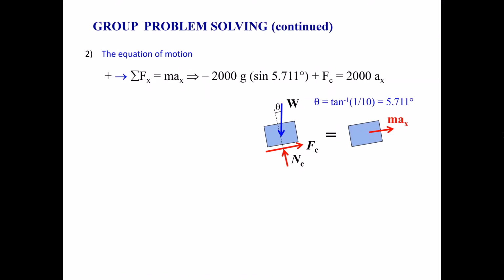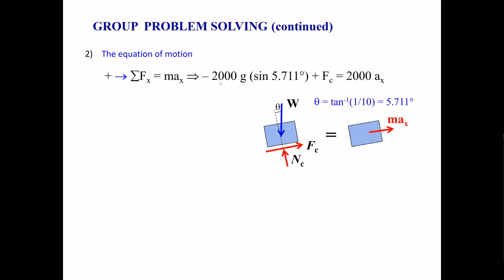Okay, so we start off with our equation of motion, or kinetic equation. In the x direction, we're going to have our F_C going off in this direction, and we have a weight. This is the x component of the weight, where here's our angle, so it's the opposite side over here.